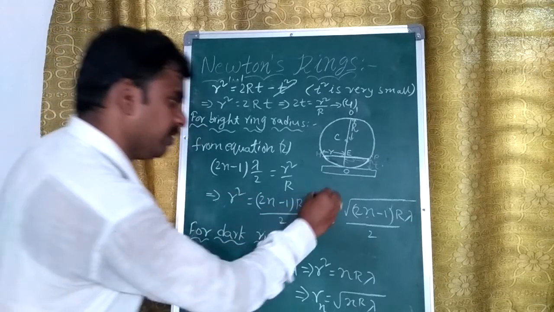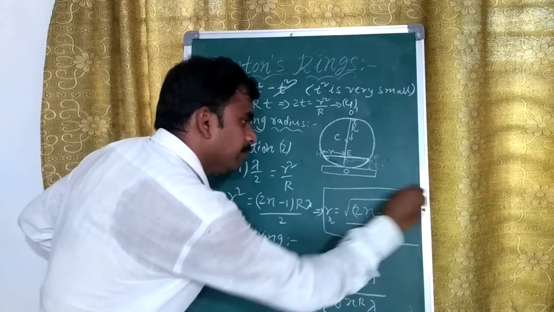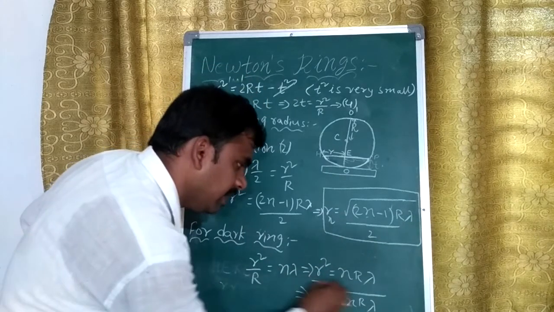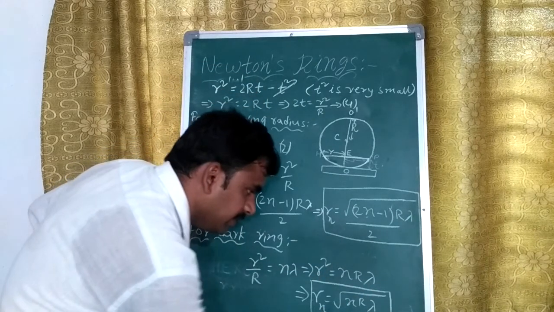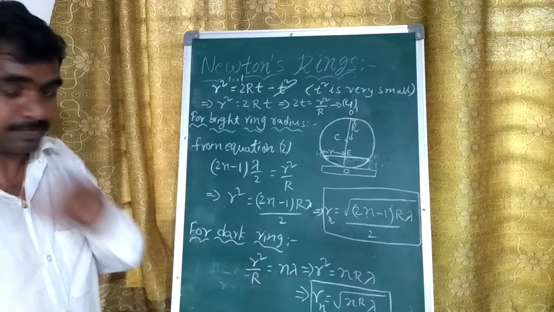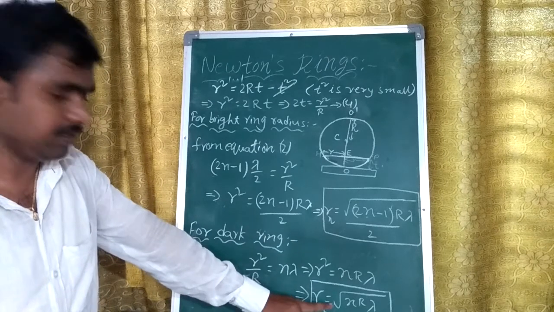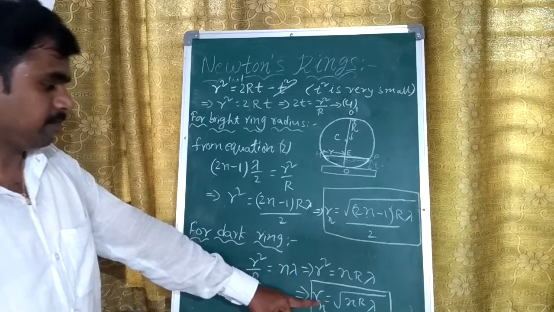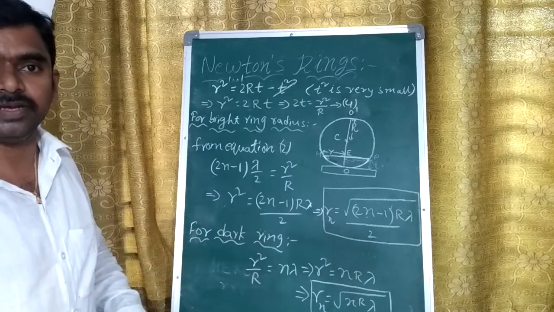These two are very important formulas: calculation of bright ring radius and calculation of dark ring radius. In your examinations you will get problems based on these formulas.